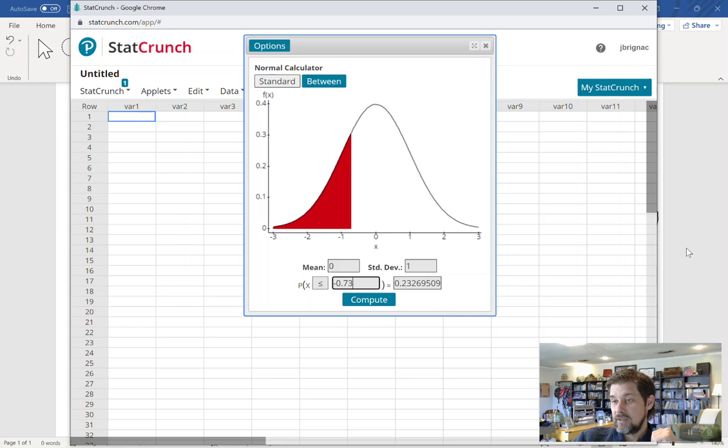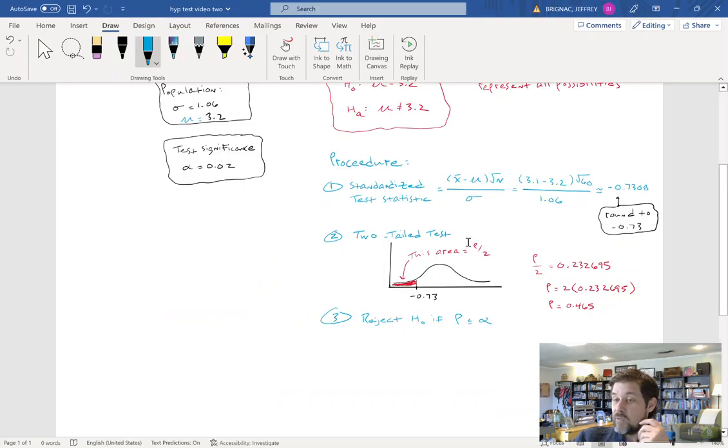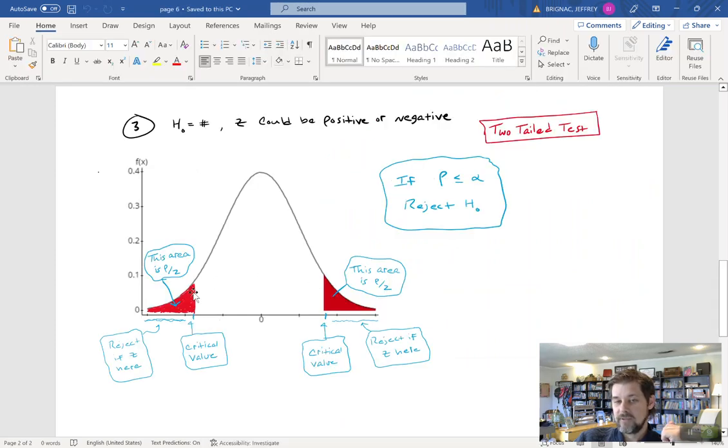I know that area in that picture was 0.232695, but that's not our p-value. In a two-tailed test, that's P over 2. So P over 2 is that area I just got, 0.232695. It's important to notice in the notes that when you get your test statistic z and calculate that area, that's P over 2.